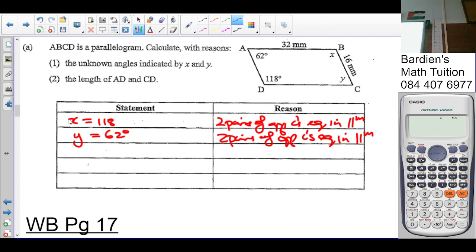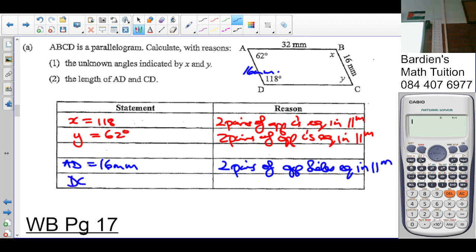Number 2, the length of AD. What's the length of AD? 16 millimeters. Why? So AD is equal to 16 millimeters. Is it given? No. Two pairs of opposite sides equal in parallelogram.